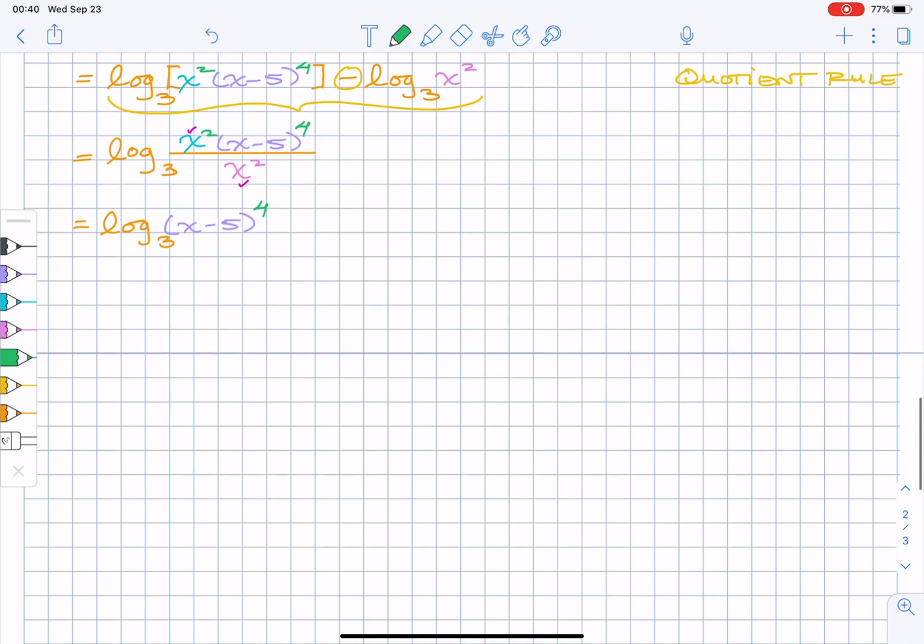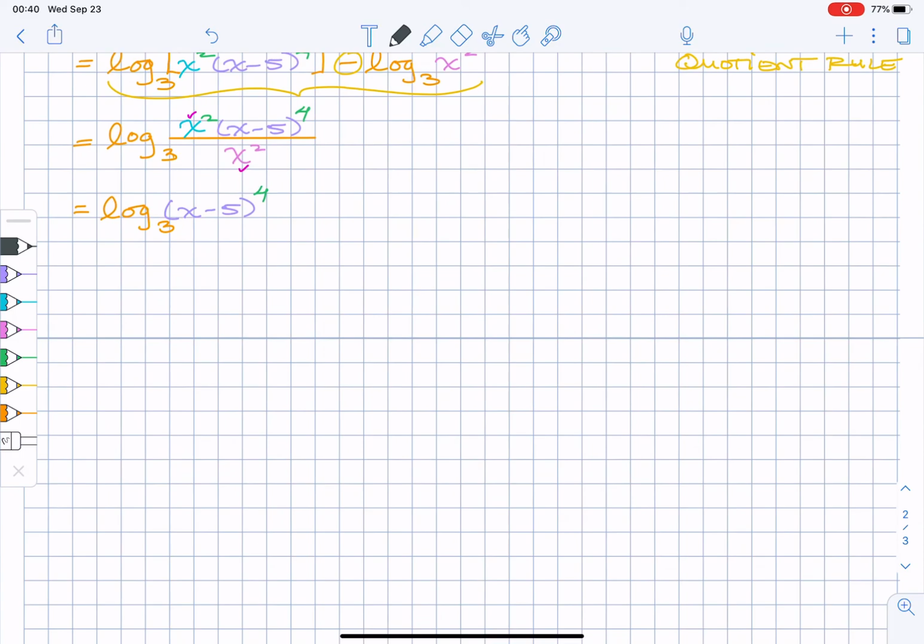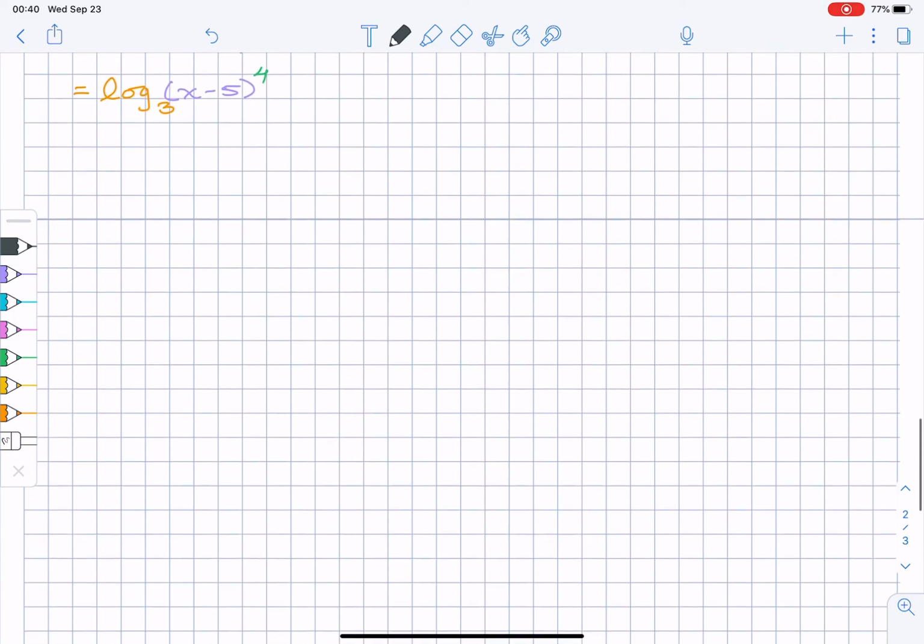Now let's do number 2. Okay, so number 2. Let's say we have natural log of e cubed minus natural log of 1 plus 1/2 times natural log of e to the 8th.